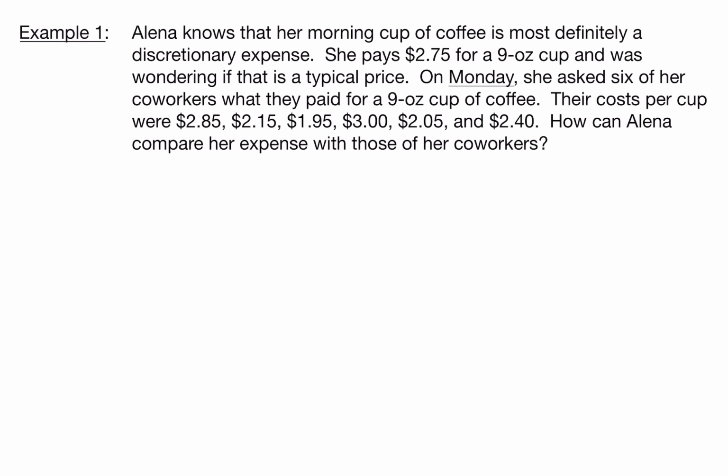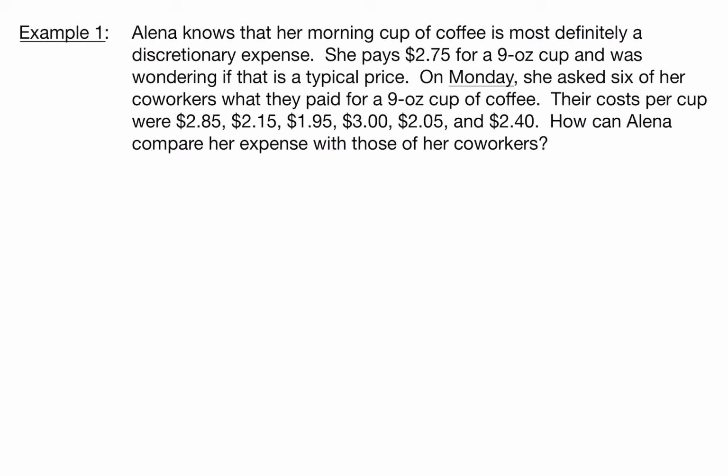So in this example, Elena knows that her morning cup of coffee is most definitely a discretionary expense. Okay, you don't have to go out and get coffee. You can certainly make your own and save a lot more money. So Elena pays $2.75 for a little 9-ounce cup of coffee and was wondering if that is a typical price.